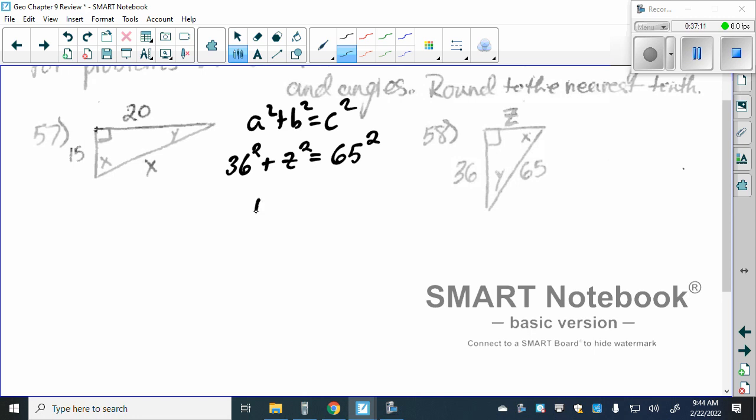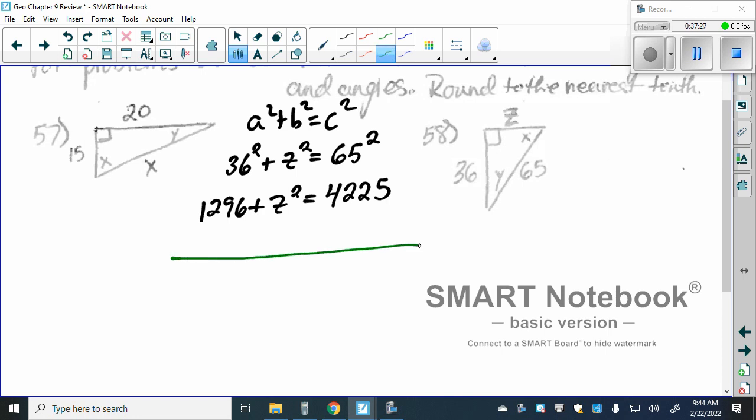Now 36 squared is 1,296. 65 squared is 4,225. So we can go on and square the 36 and 65.